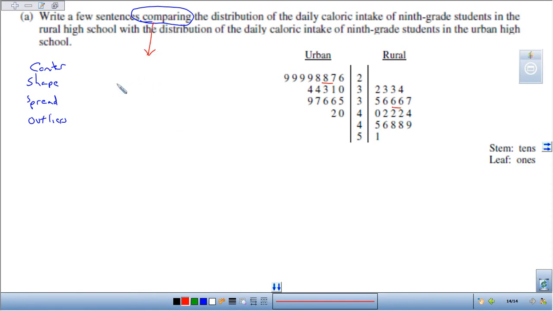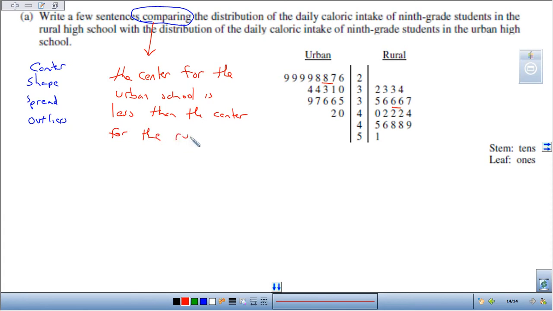So when we talk about center, we can say the center for the urban school is less than the center for the rural school, regarding caloric intake.